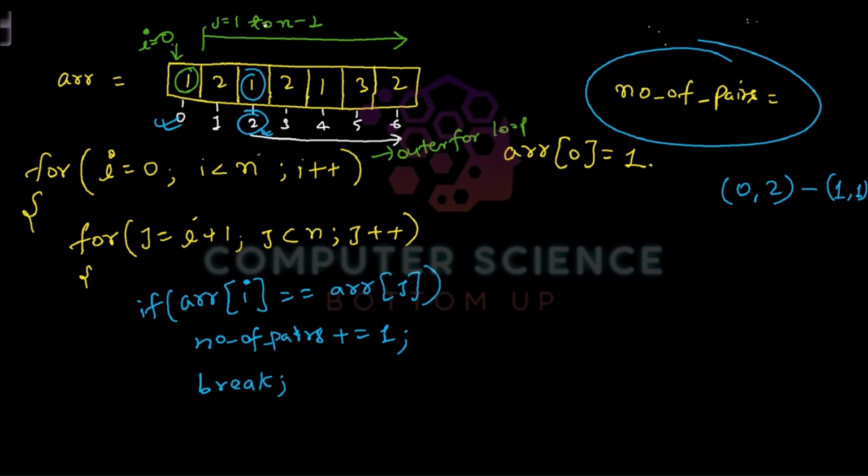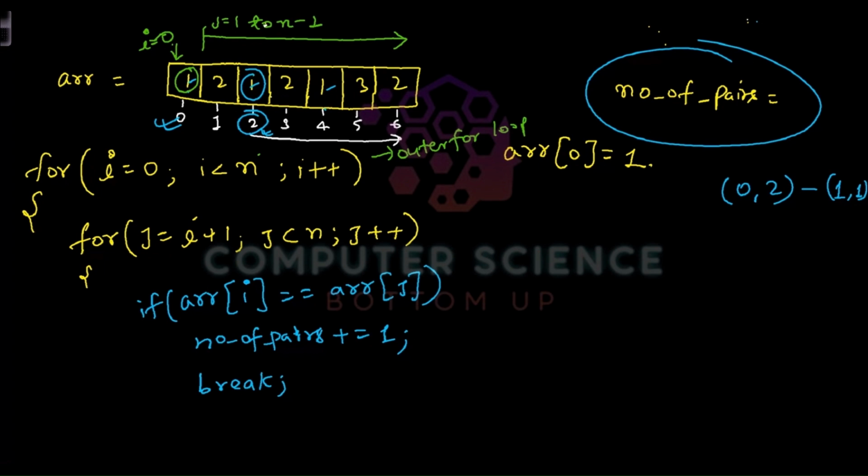Just think about this. If you have three socks of the same color, you actually have only one pair, right? So if you have three of them, you are going to get only one pair. Either 2 and 4 you will get as a pair, or 0 and 2 you will get as a pair.